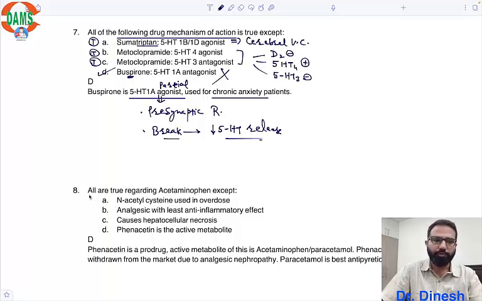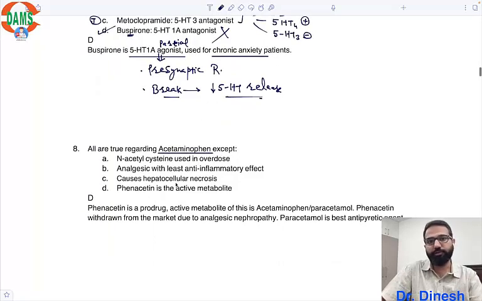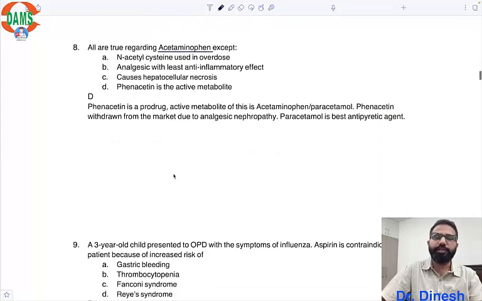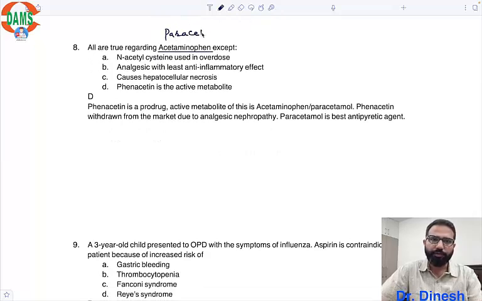Then, all are true regarding acetaminophen except, which means they are asking about the false statement. So acetaminophen or paracetamol. Acetylcysteine is used in overdose. That is correct, because N-acetylcysteine is the antidote for this. It is an analgesic with the least anti-inflammatory effect.